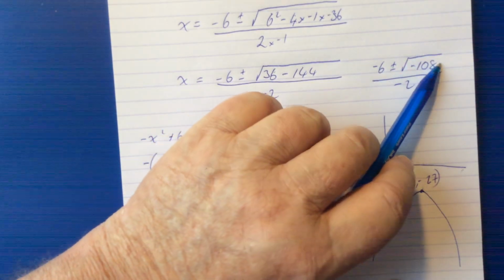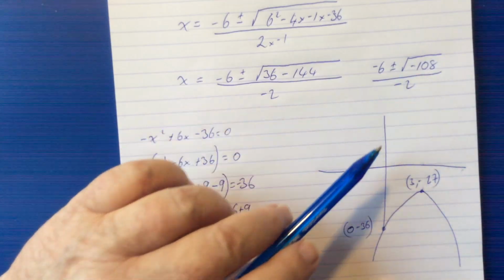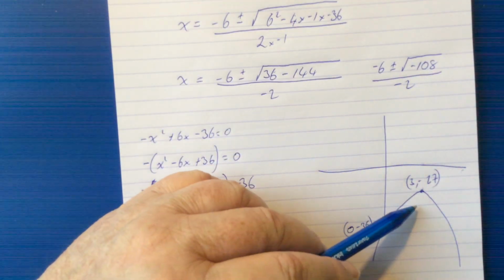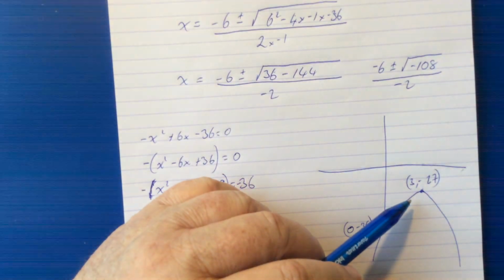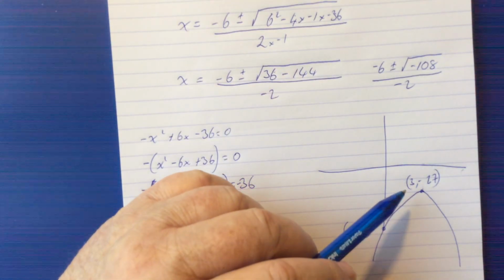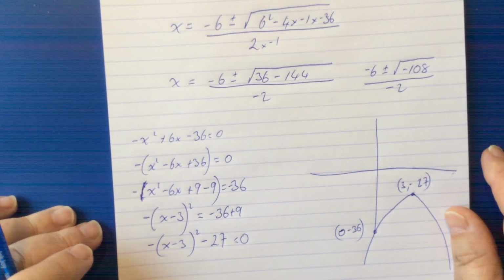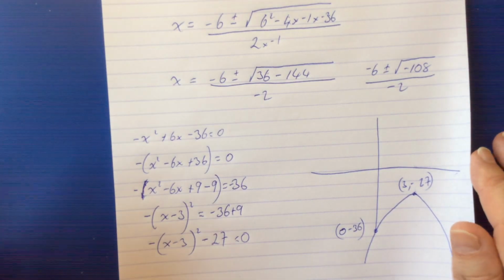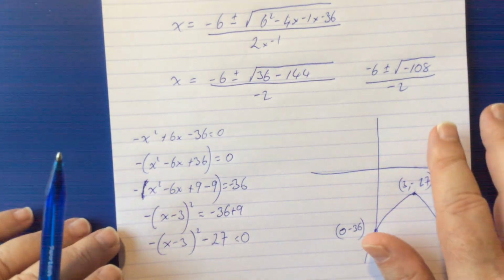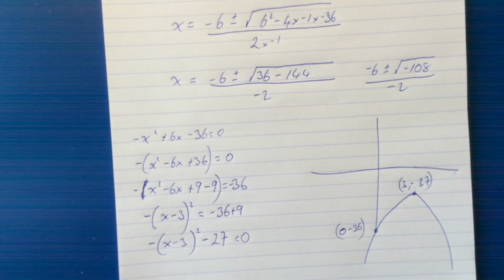And so when we say that there is no real solution for this, this is the sort of thing that we're looking at. Now, it doesn't mean that the graph doesn't exist, that you can't draw it, that you can't find any points on it. All it means is that there is no real solution for x.